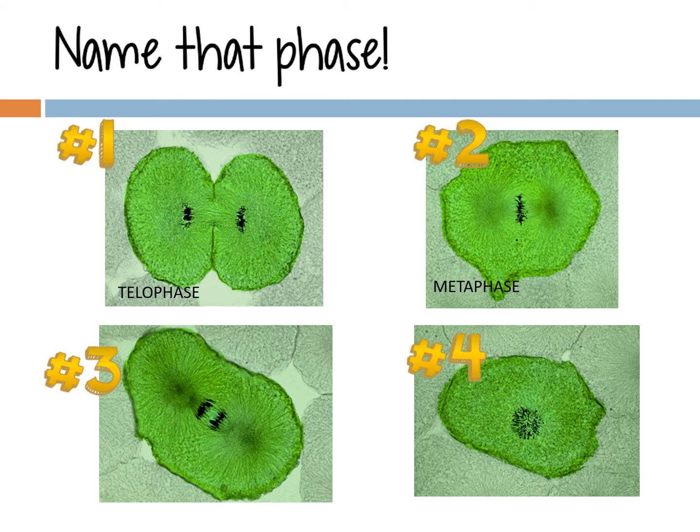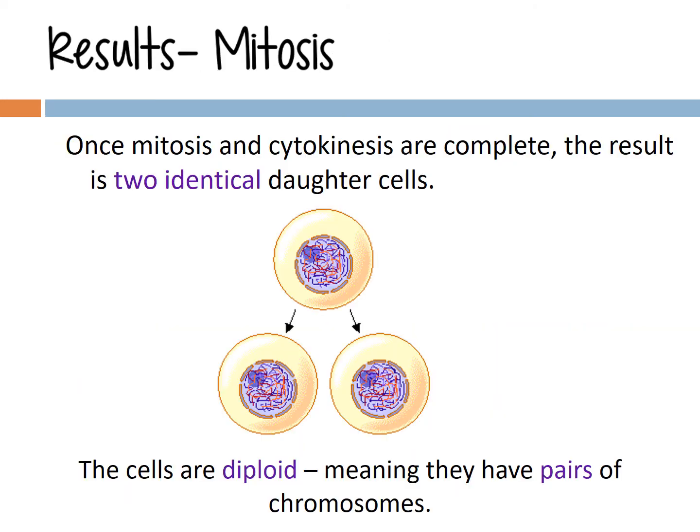We have metaphase. Number 3, they are being pulled apart. So we have anaphase. Number 4 is just prophase because it's just kind of a clump in the center. You can see the chromatin is all unwound. So there we go. The results of mitosis.